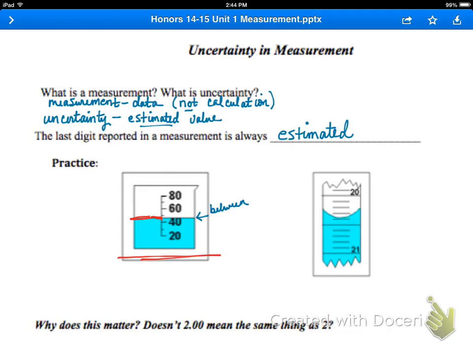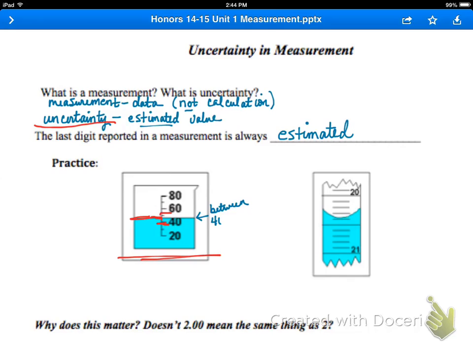The way I estimate and you estimate are going to be a little bit different, so there's some uncertainty in that value. The last digit is always estimated, and it's always estimated between the two smallest grid lines that I can see.